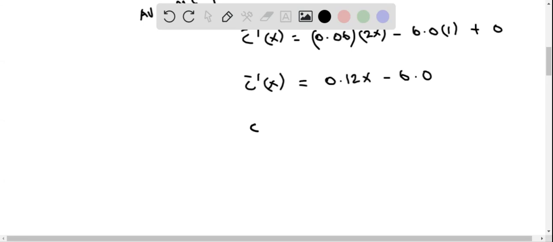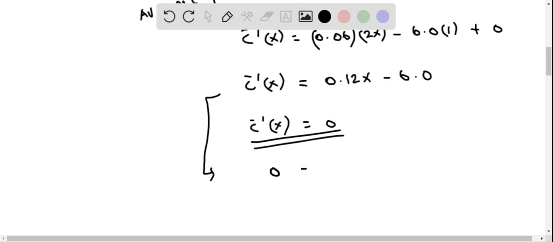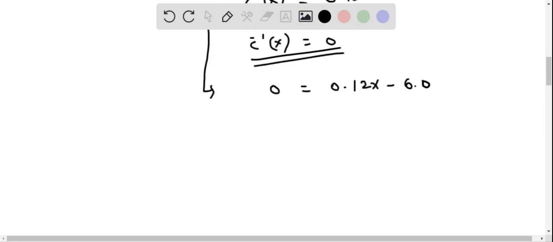Now we have to set this equal to 0 and determine the corresponding x. So I plug in c bar prime of x equal to 0, and I get 0 equals 0.12x minus 6.0. Let's solve for x. I can add 6 on both sides, so I get 6.0 equals 0.12x.